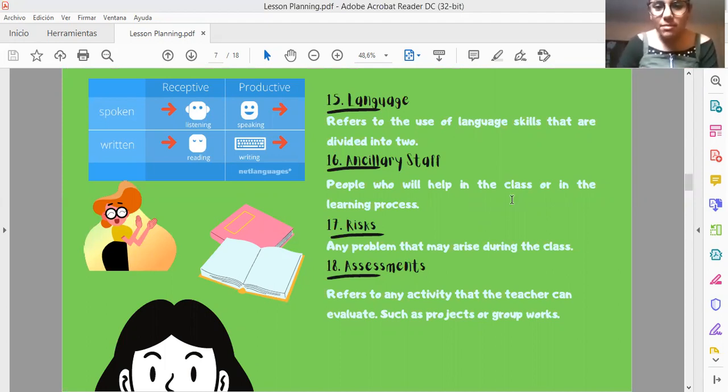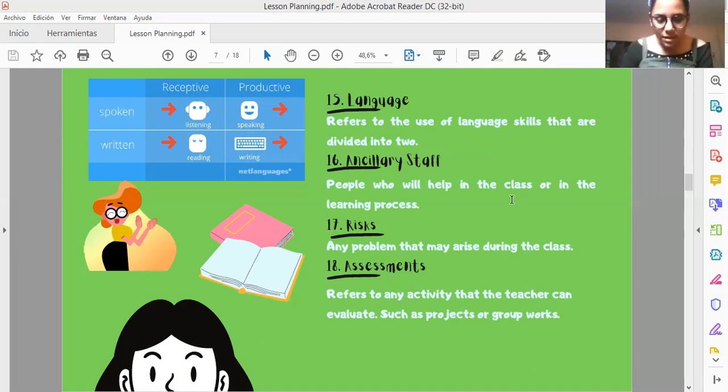Element number 16 is auxiliary staff, and it's about people who will help in the class or in the learning process. Element number 17 is risk, and it's about any problem that may arise during the class.